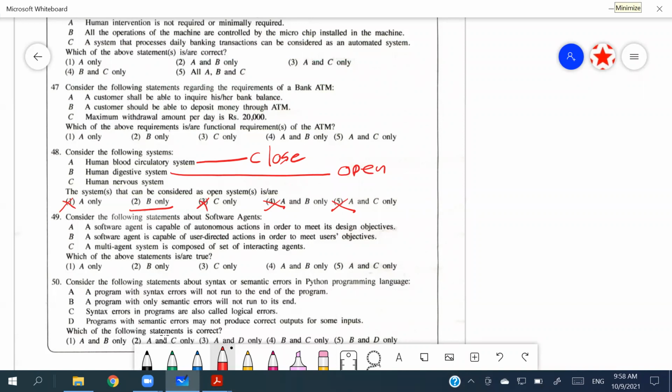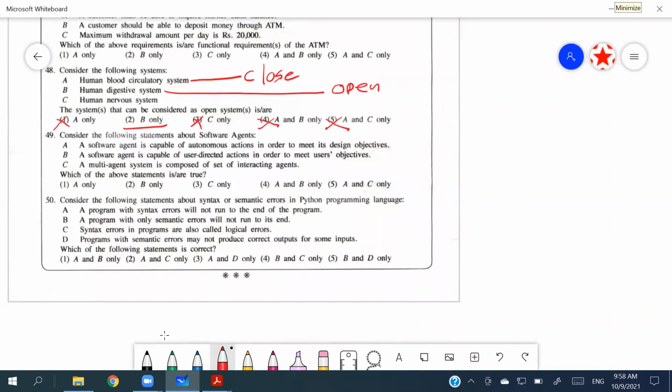Then finally, the 50th. Consider the following statements about syntax or semantic errors in the Python programming language. A: a program with syntax errors will not run to the end of the program. Oh, hold on, semantic.